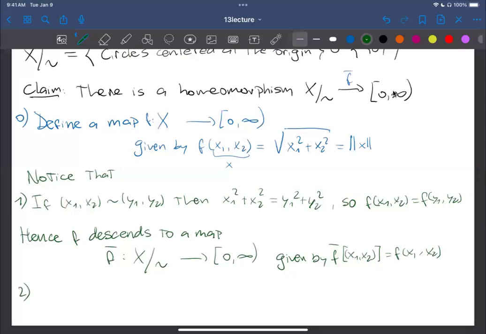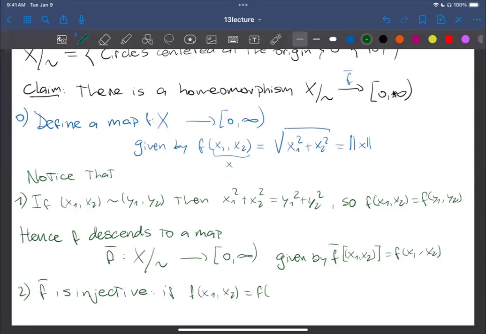Part 2 is this map happens to be injective. And remember, we have a criterion for this. This is what we did last time and also refreshed today at the very beginning. So why is F bar injective? Well, that's because if F collapses 2 points, x1, x2 with y1, y2, then also when you take square roots, we're going to have the same.